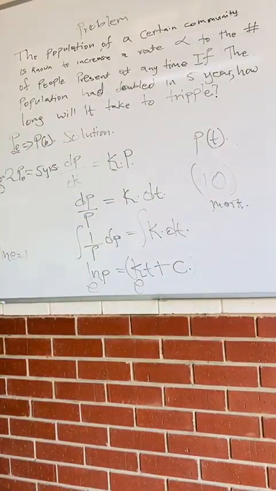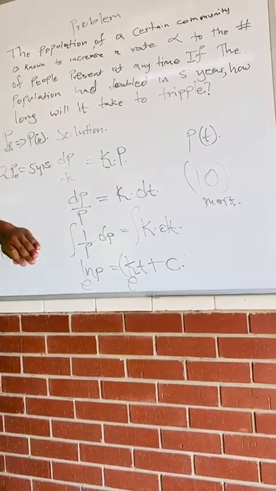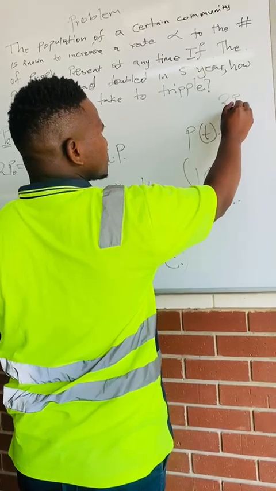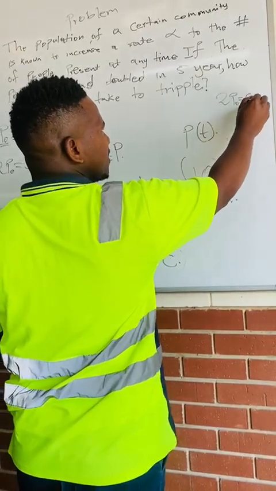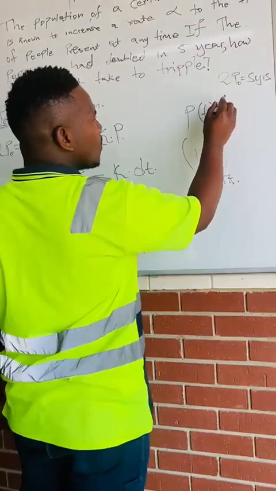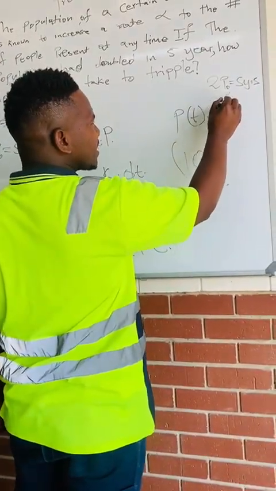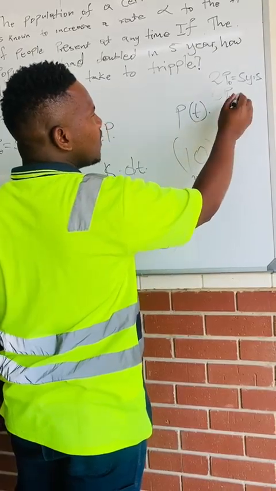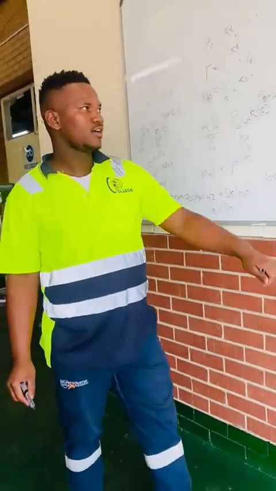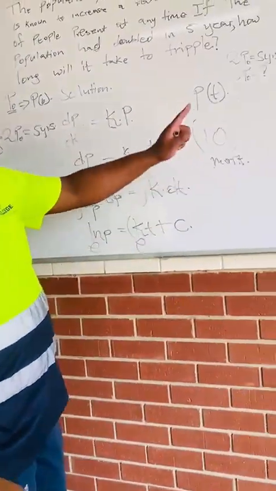Okay, we all know that our population is doubled for 5 years, but we don't know what happened after it had been tripled for a certain time.